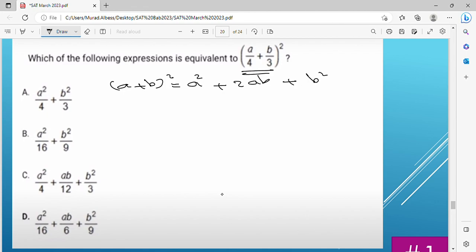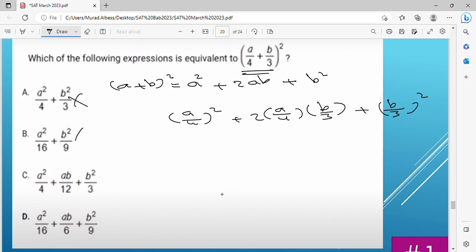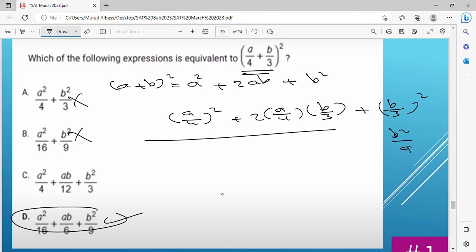So that means (a over 4) squared plus 2 times a over 4 times b over 3 plus (b over 3) squared. If I look carefully, b to the power 2 over 9 is coming from here. So that is the answer. If you complete it, you will find this is the answer also.